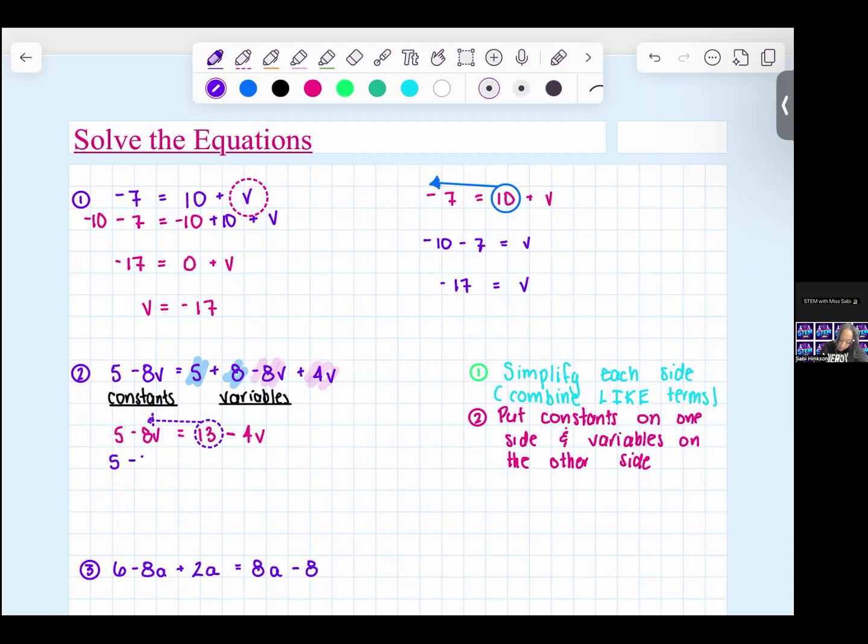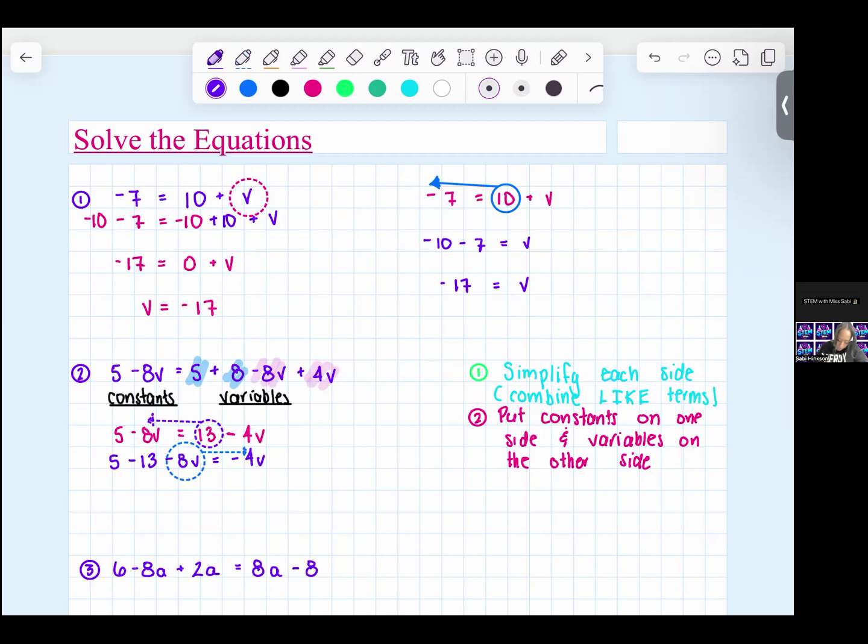So then I have negative 13, and I still have this negative 8v on that side, and on this side, I have negative 4v. Now, again, I need to move the other variable because variables are on the right. This negative 8v is on the left. I need to move it over.